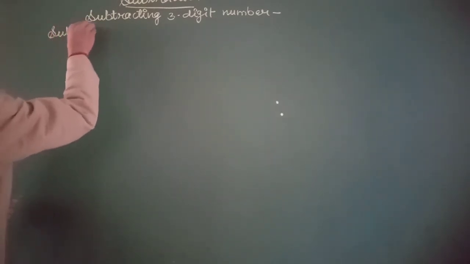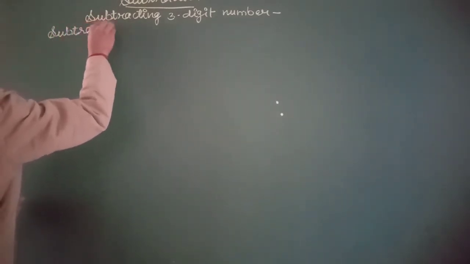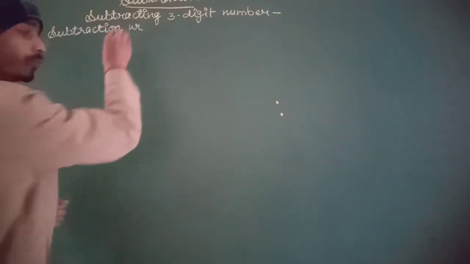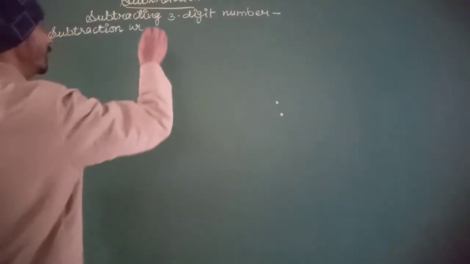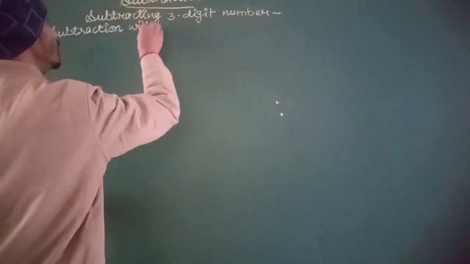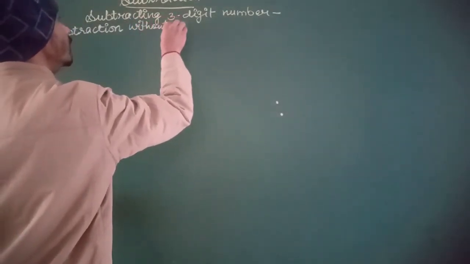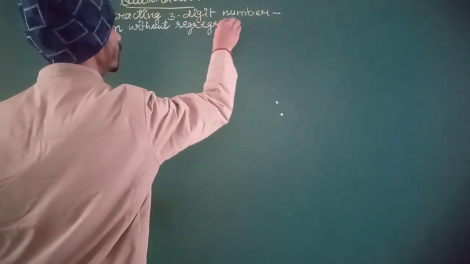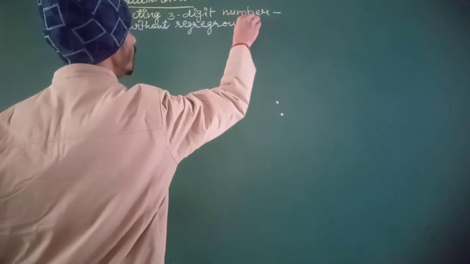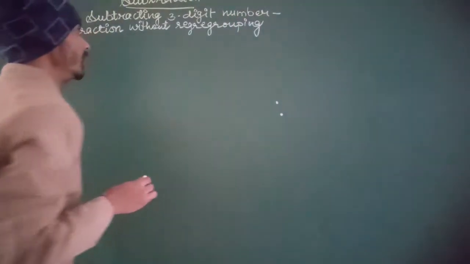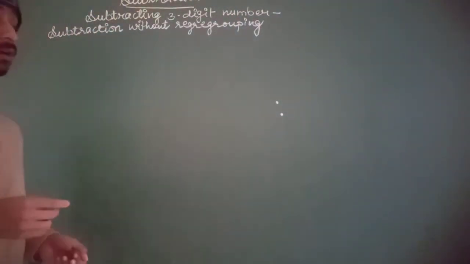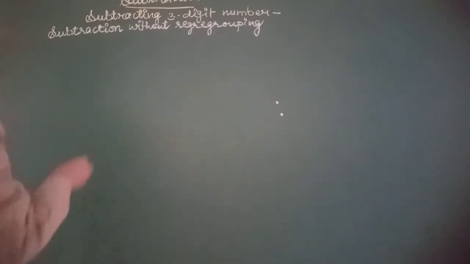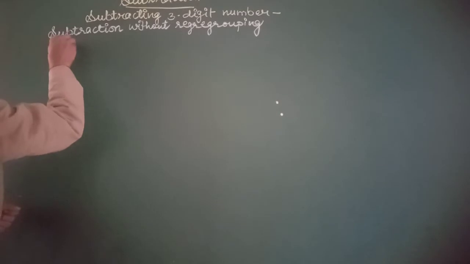There are two topics in subtracting 3-digit numbers: subtraction without regrouping, and subtraction with regrouping. So come to the first topic, that is subtraction without regrouping. How can we solve subtraction without regrouping? There is an example given.